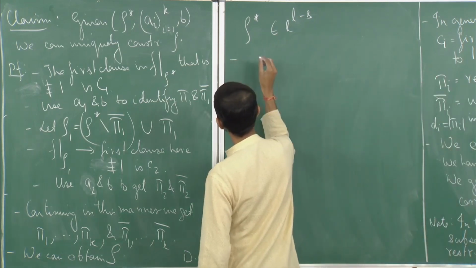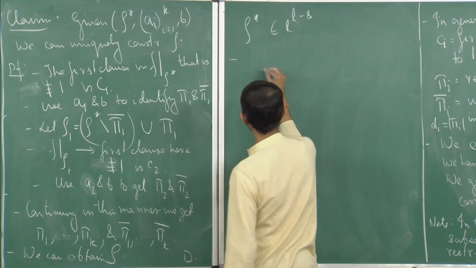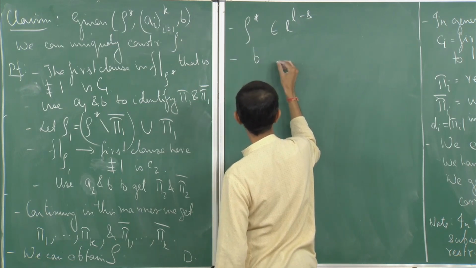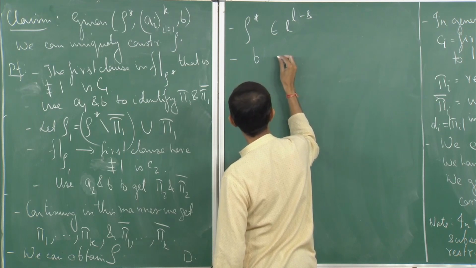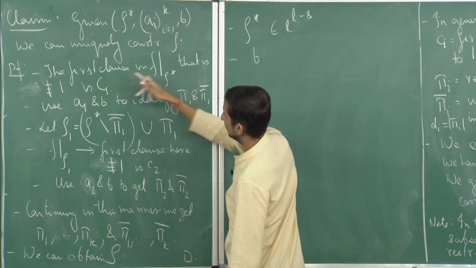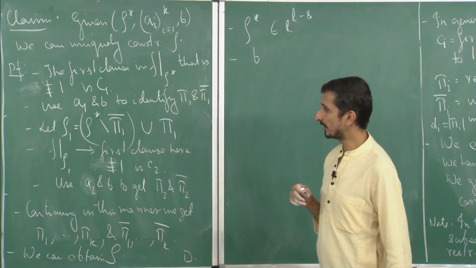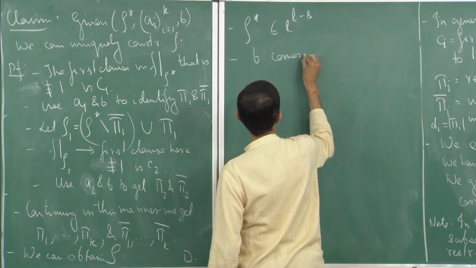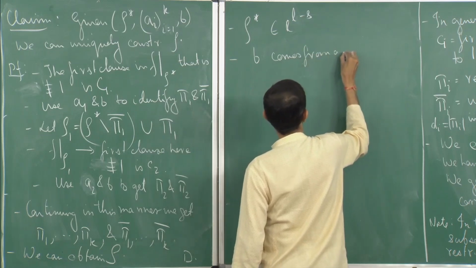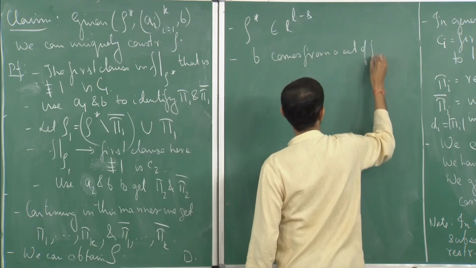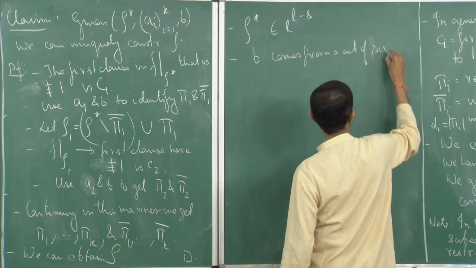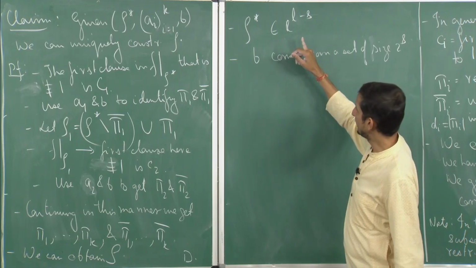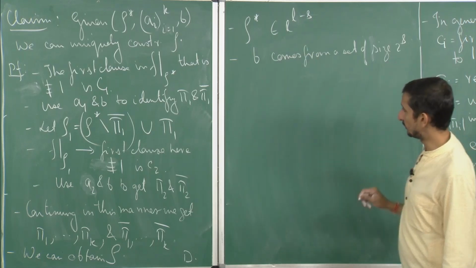So, now we have to show, what is the size of the string B? Well, B belongs to 0 1 to the power s. So, B comes from a set of size 2 to the power s. So, we have r to the power L minus s, we have 2 to the power s.